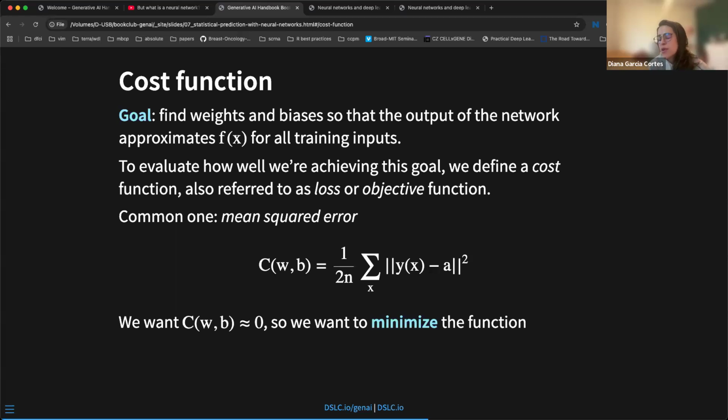I suppose that some problems don't use the mean square error, but I don't know if Derek or David would like to comment on that, because all the examples that I saw were using the mean square error. The mean square error will tell us how far we are from the actual output that we want in our training sets.